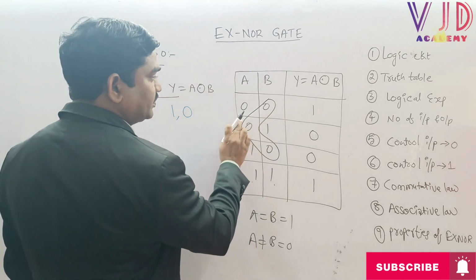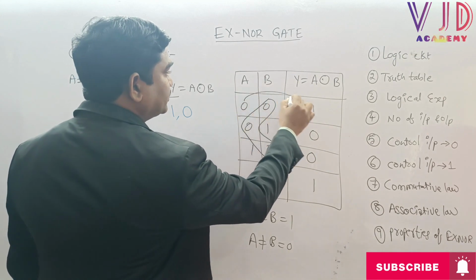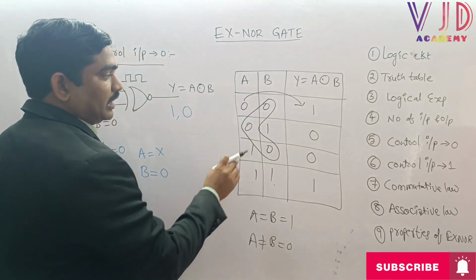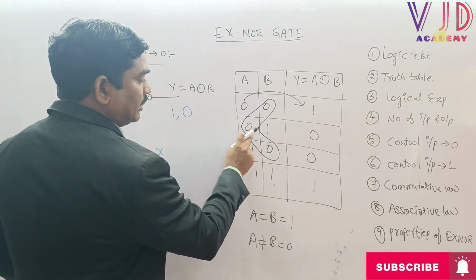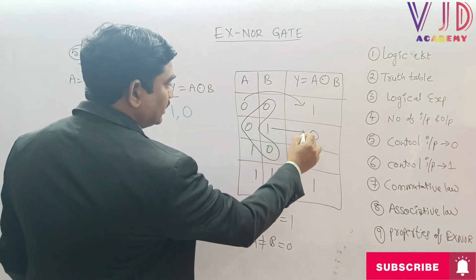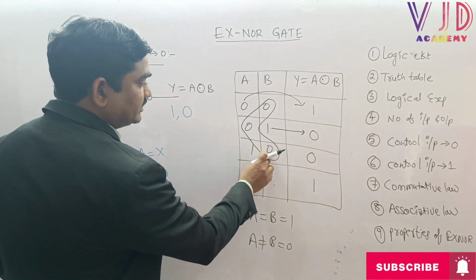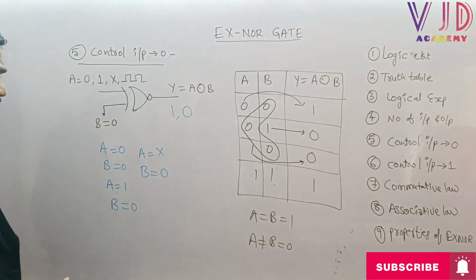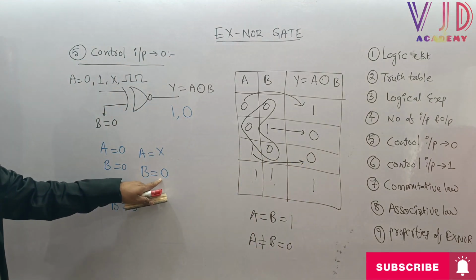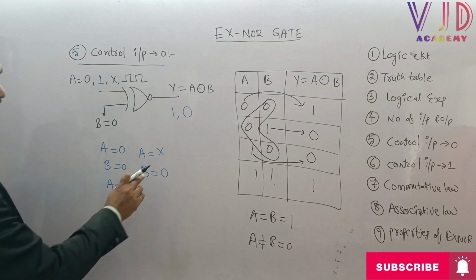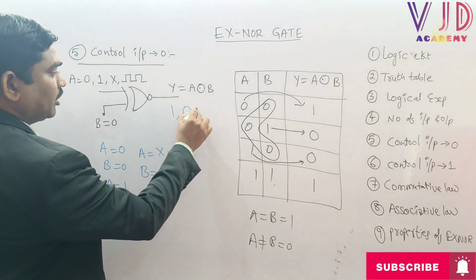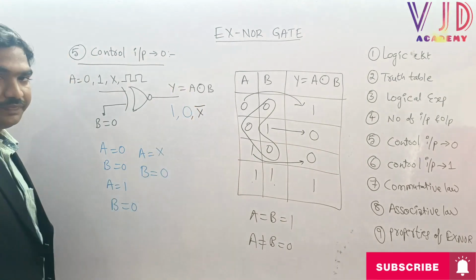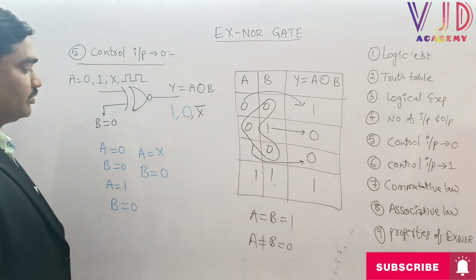Here B is 0, which means output is opposite to input A. Here A is 0, output is opposite to input B. Here B is 0, output is opposite to input A. So now B is 0, input is X, so output will become X bar. That is the thing I just want to convince.